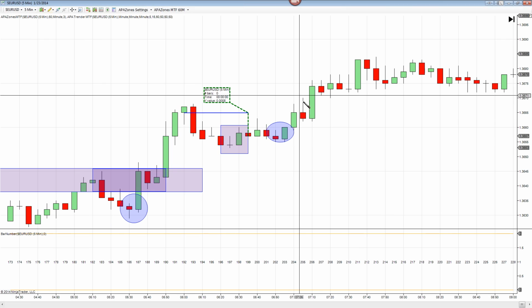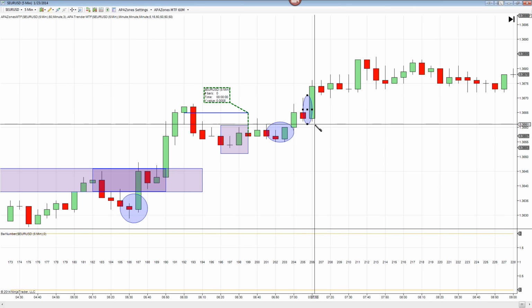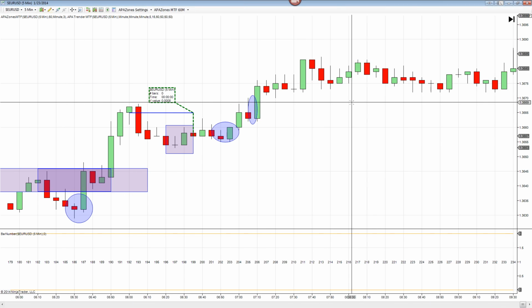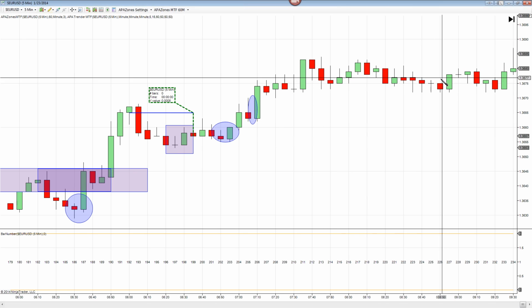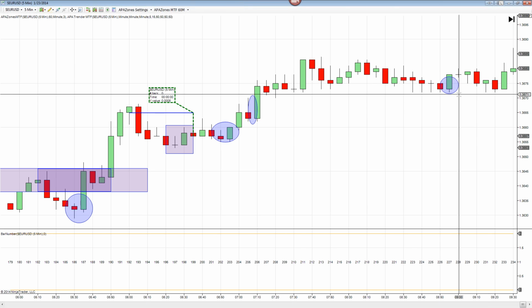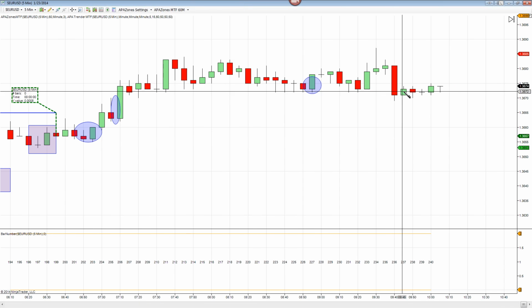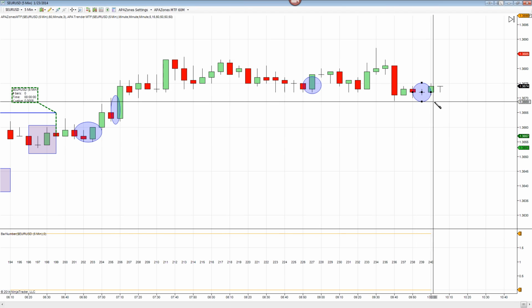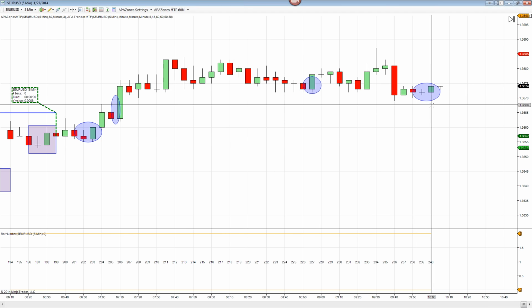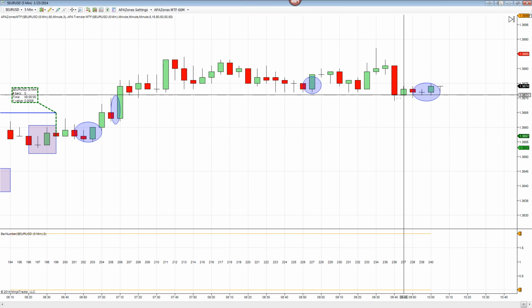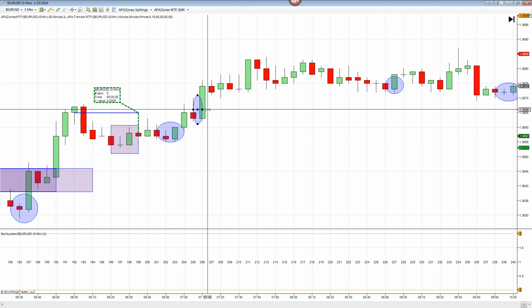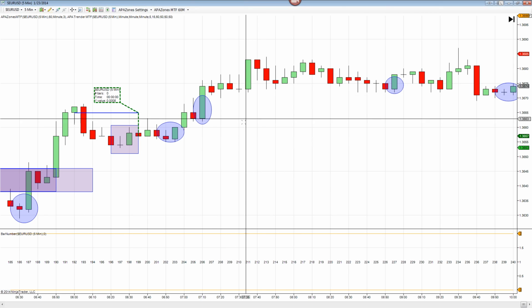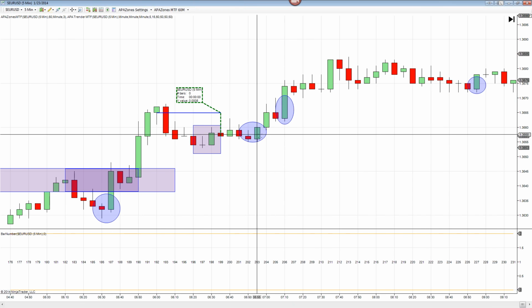And this would have been one. That would have been one. This one would have been one. And that's about it. So those are all the price action long signals based upon the double bar, single bar engulfing patterns.